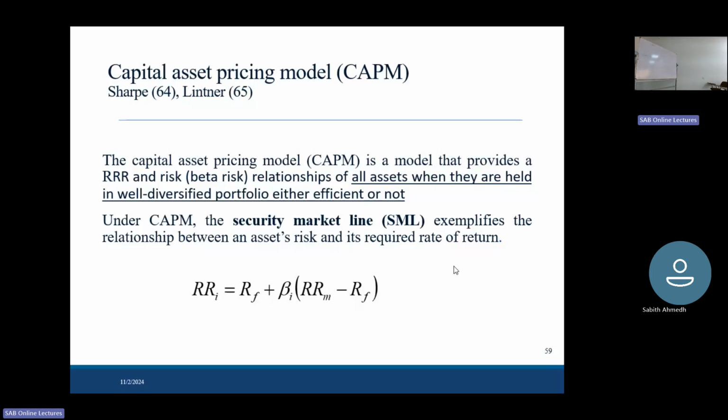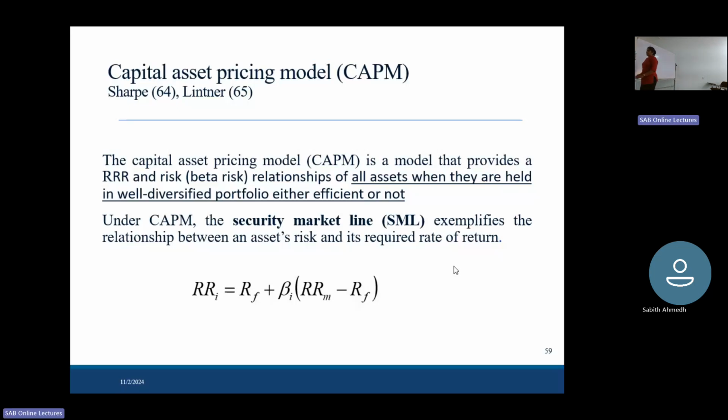According to the model, the required rate of return for individual stocks or portfolios is equal to the risk-free rate of return plus the beta coefficient of that portfolio or stock times the market return minus the risk-free rate. Take this model into your mind, and you will be able to apply it to estimate the required rate of return.